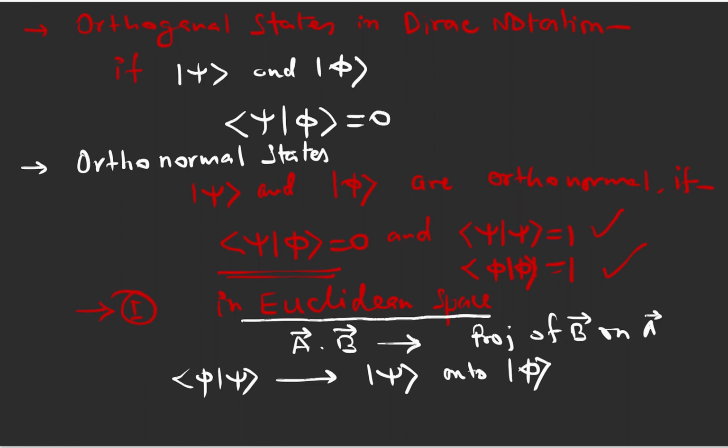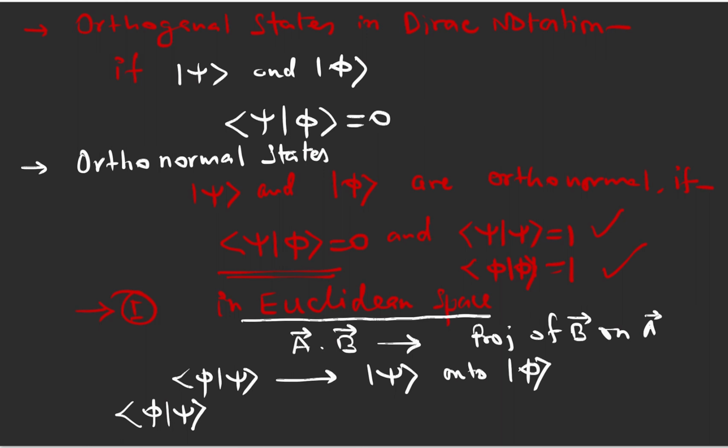And second, in the case of normalized states, and according to Born's probability interpretation, the quantity bracket psi with phi represents the probability amplitude that the system in state psi will, after performing a measurement on the system, be found to be in another state.